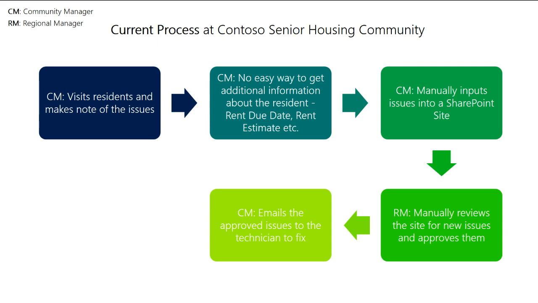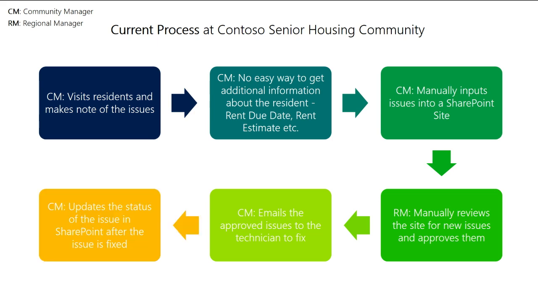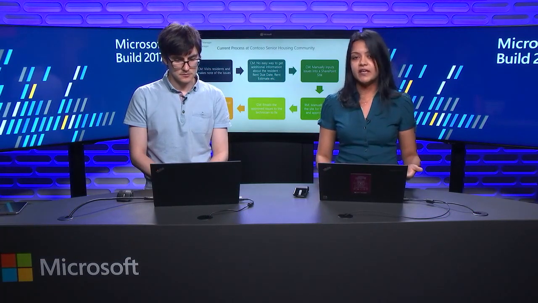And the community manager then goes back to the same SharePoint site, looks for approved issues, and emails the set of issues to a technician who can come out and fix those issues. And then finally, once the issues are fixed, again, the community manager has to go back and manually update the status of the issue. So as you can see, this is a very manual process and obviously not very efficient.